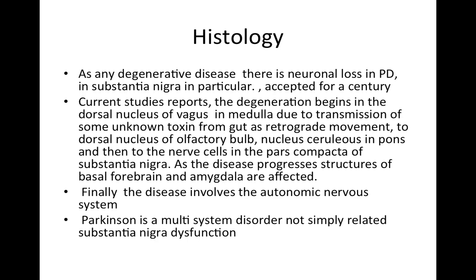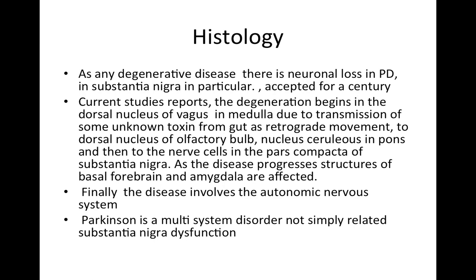The degeneration begins in the dorsal nucleus of the vagus in medulla due to transmission of some unknown toxin from gut as retrograde movement to dorsal nucleus of the olfactory bulb, nucleus ceruleus in pons, and then to the nerve cells in the pars compacta of the substantia nigra. This is said to be the synuclein, alpha synuclein pathway.